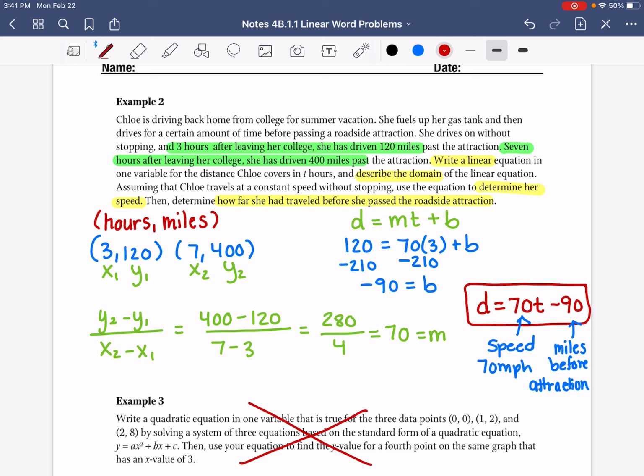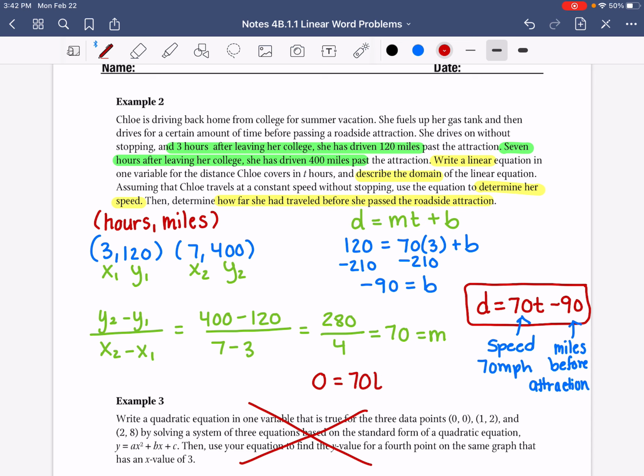The last thing we haven't done yet is describing the domain. So your domain is like your stipulation, kind of like on your x's. To determine it, we need to know that the distance we're traveling has to be a positive number.